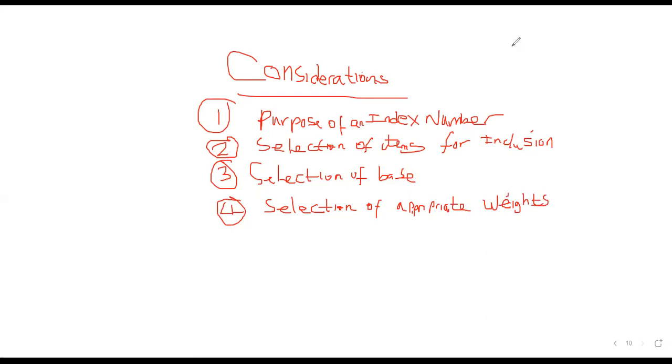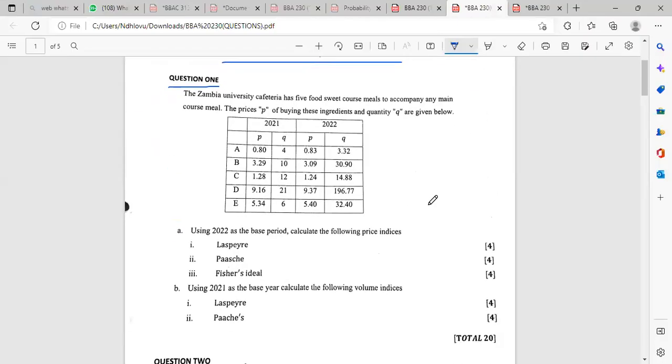All right, now we're getting down to the question. We have a Zambian Indigenous cafeteria with 5 food items, 3-course meals to accompany any main meal. The prices P of buying these ingredients and quantity Q are given below.